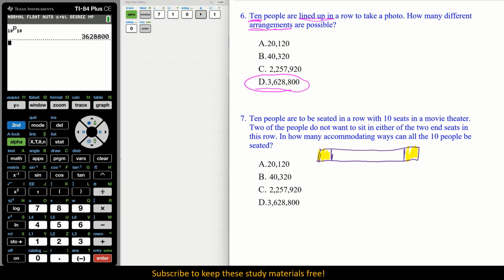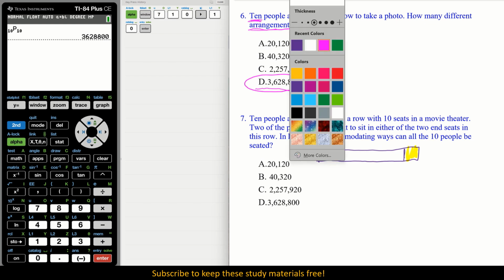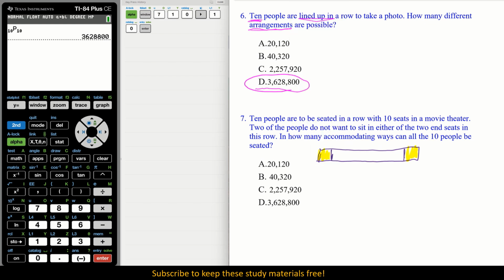Okay. All right, so what does this do? This creates a condition. It actually reduces our group, okay? So in the middle, we have a permutation of only 8 seats. We're talking about the seats, not the people.